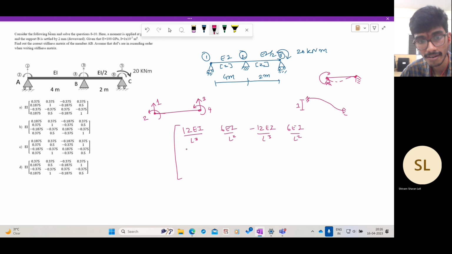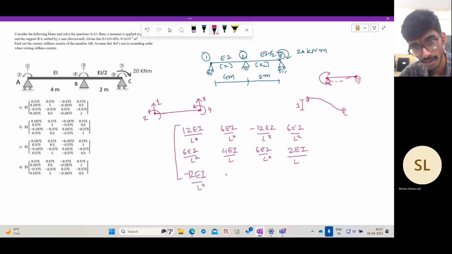You know very well. Because of a unit applied displacement, you get a moment of 6 EI by L square counterclockwise. Because of a rotation, you get a moment of 4 EI by L. Again, 6 EI by L square due to the other side rotation, and due to the other side rotation, by the slope deflection equations, you'll get 2 EI by L. And this will be the negative of it, minus 12 EI by L cube.